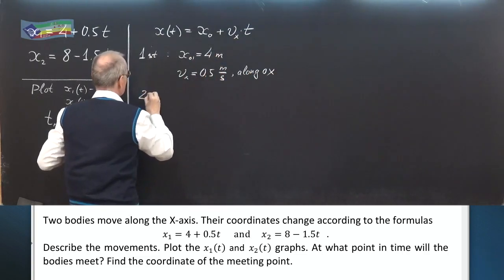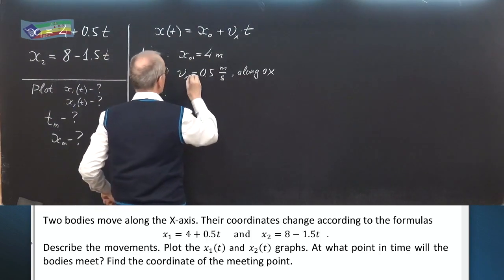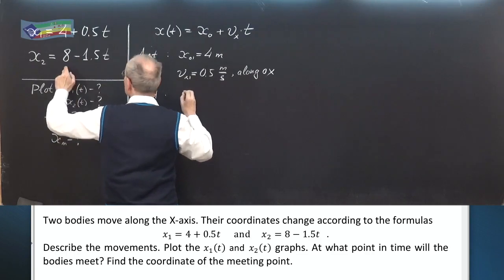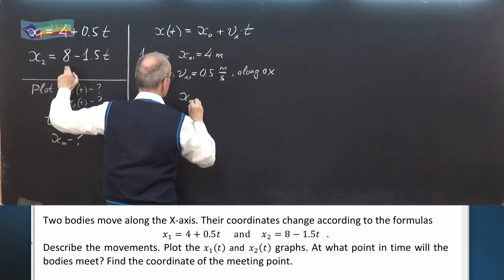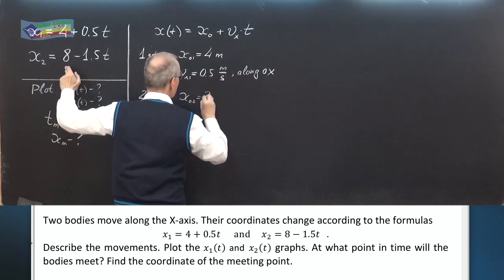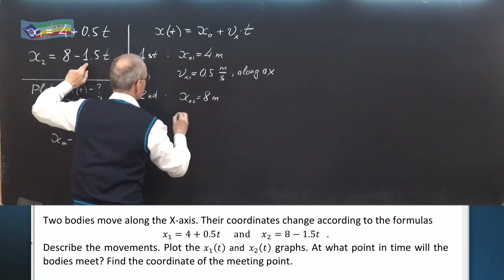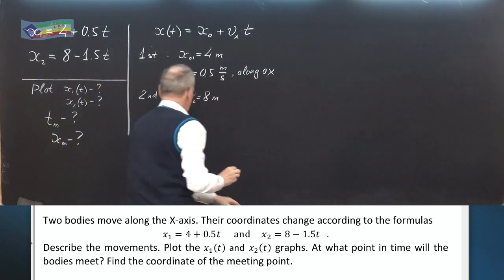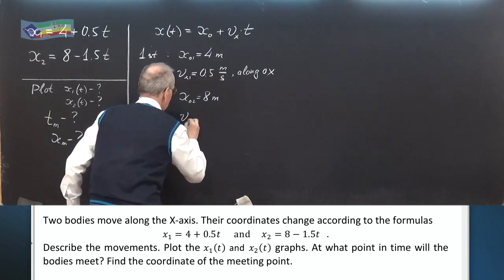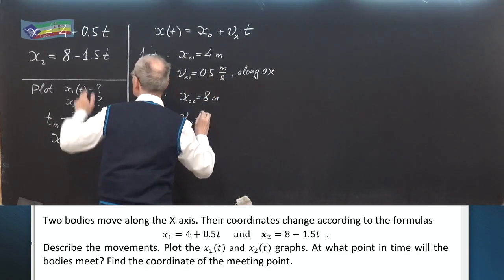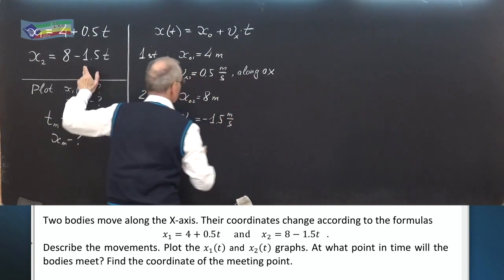The second body: initial coordinate x02 equals 8 meters, and Vx equals minus 1.5 meters per second.